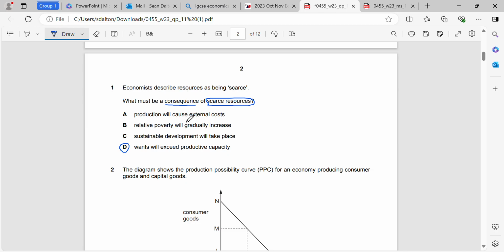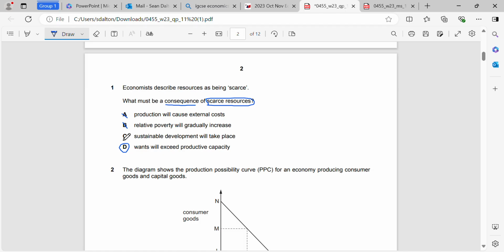Production will cause external costs. That is true, but it is not a consequence of the resources being scarce. That is a consequence of how resources are allocated, which is something that we look at further on in the paper and in the studies. Relative poverty will gradually increase. Again, that is something that could possibly happen, but it is not a consequence of the basic economic problem.